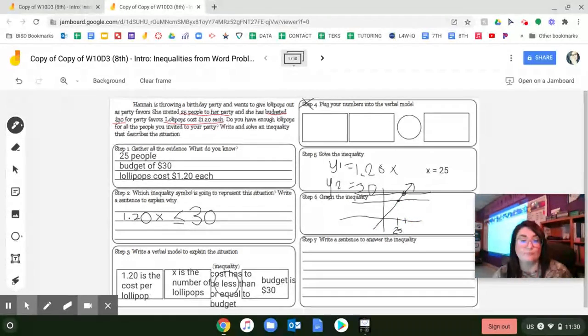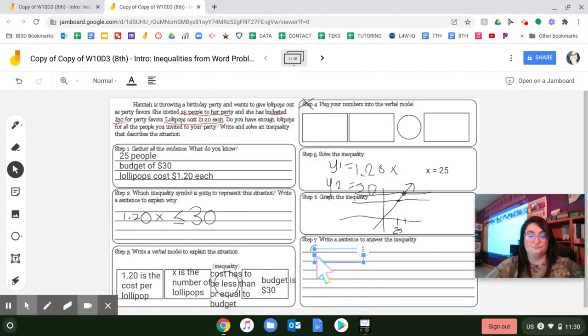So let's write a sentence to answer the question. The question was, do I have enough lollipops for the people I invited? Yes, I can buy up to 25 lollipops, so I do have enough for the people attending my party.